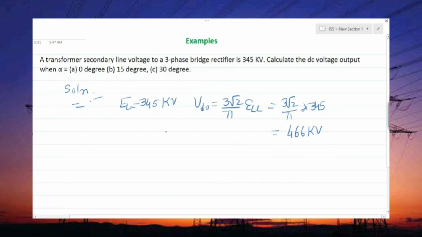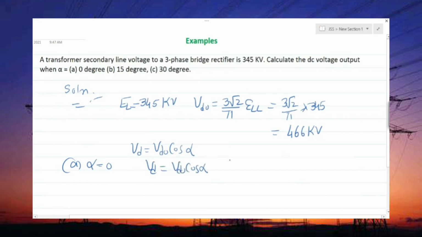Now as the delay angle is given, your equation becomes VD is equal to VDO cos alpha. In the first case, when alpha is equal to 0 degree, your DC voltage VD is equal to VDO cos alpha.